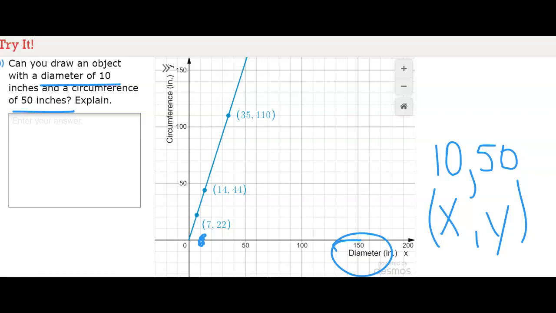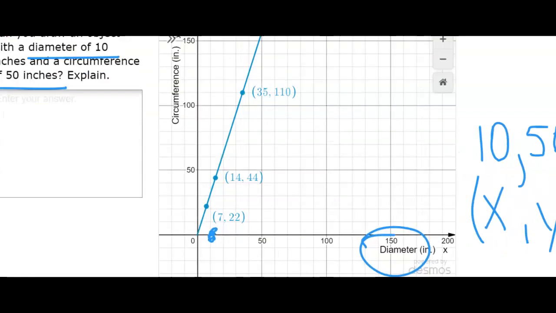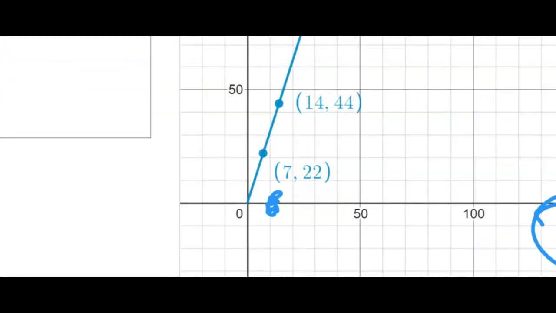So if I go up to 50, my point would be here. That point is not on that line that we created from the example, so that tells us it is not possible for that type of object to be created.